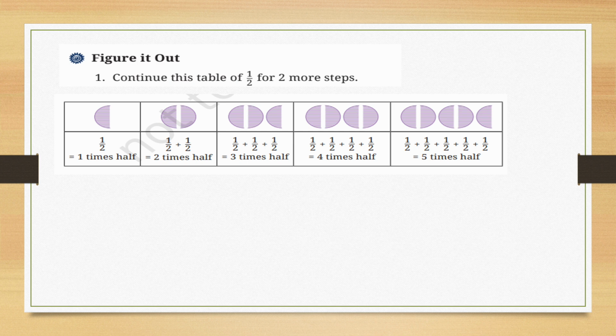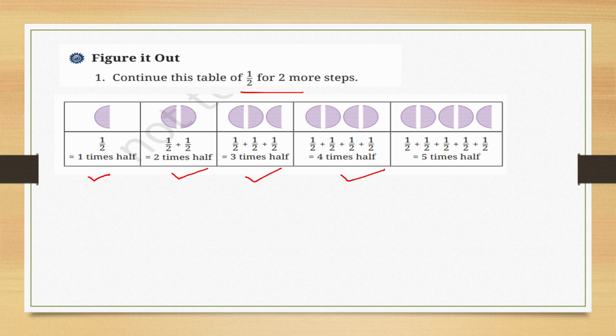Figure it out. Continue this table of half for 2 more steps. See first one, only 1 half. So, half, 1 times half. Then, next you have 2 halves, so half plus half, 2 times half. Then 3 halves, that is 3 times half. Then 4 halves, that is 4 times half.